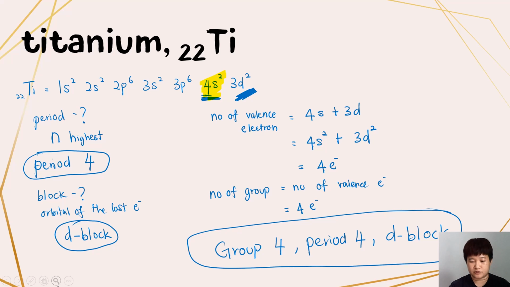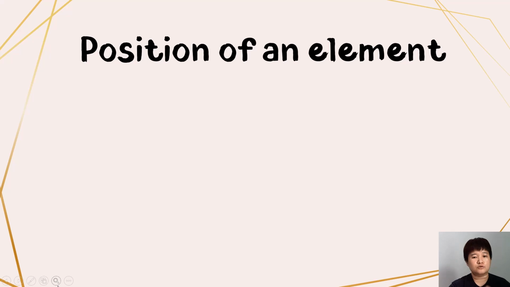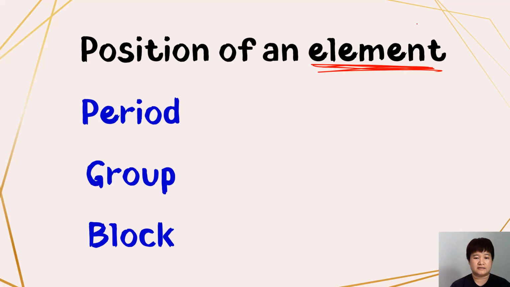And a bit of tips over here. To know the position of an element, the position that you need to find out is period, group, and block. So again, period is the highest n, the highest energy level.